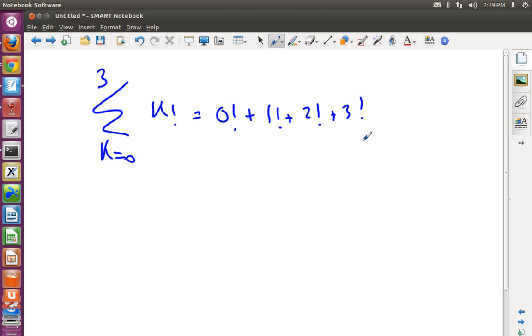We just figured out 3 factorial, 3 times 2 times 1, which is 6. 2 factorial is 2. 1 factorial is 1. And 0 factorial is 1. Most people say 0. Why is 0 factorial 1? It's not a power, though. So what's the sum, by the way?